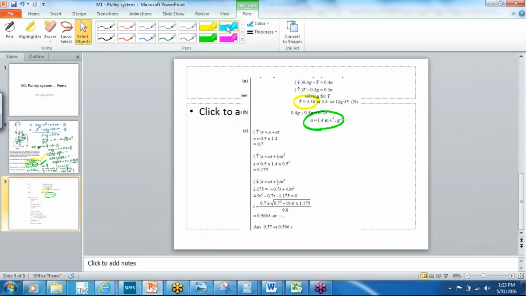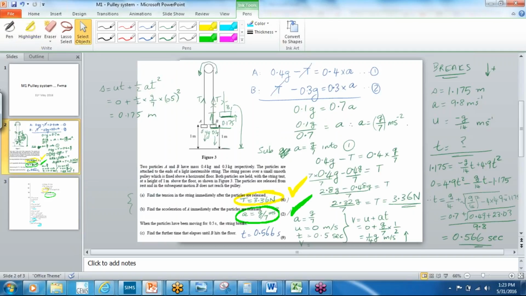Part C, more complicated. They found the velocity that it was travelling after half a second. They found how far it had travelled, therefore the total distance 1.175. ut, notice you got a negative because it's in the vertical and everything else is down. So 0.566, good. So we are correct on those three solutions.